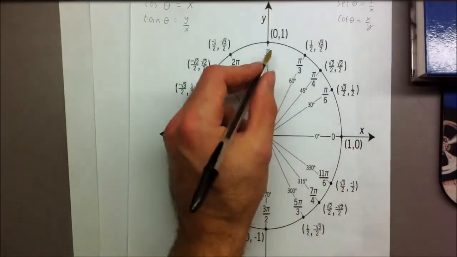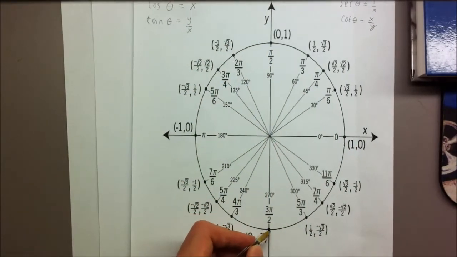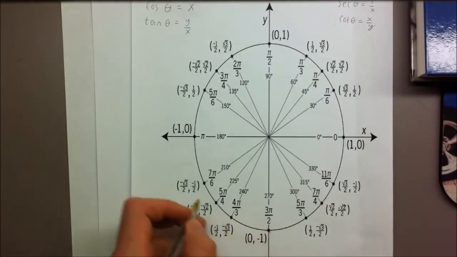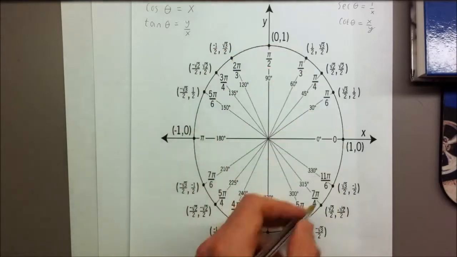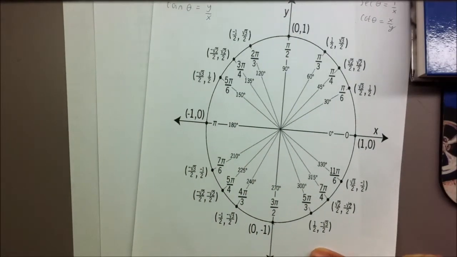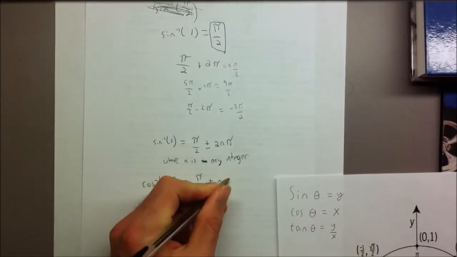You add pi again, you're back here, cosine is still 0. You add pi, cosine is still 0. Or let's say you subtract pi, go back pi, it's still 0, go back pi.